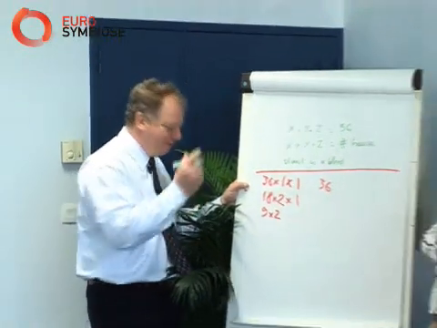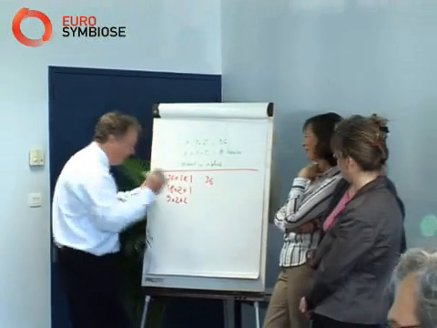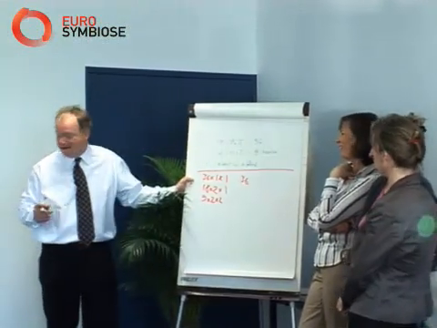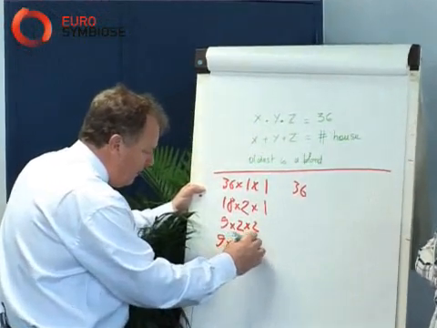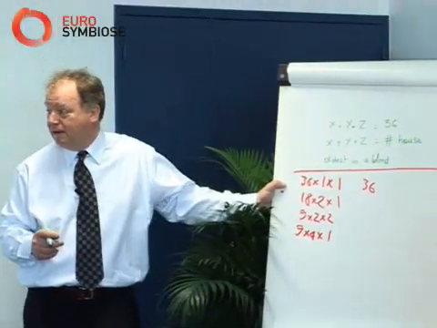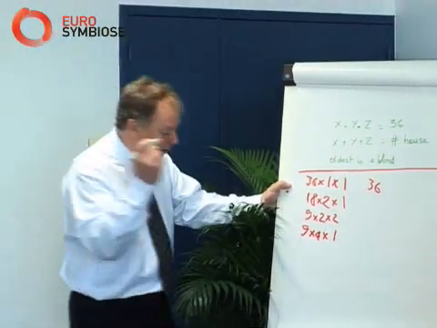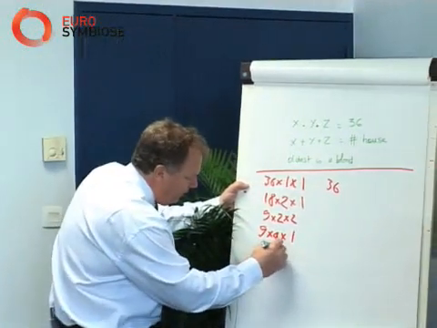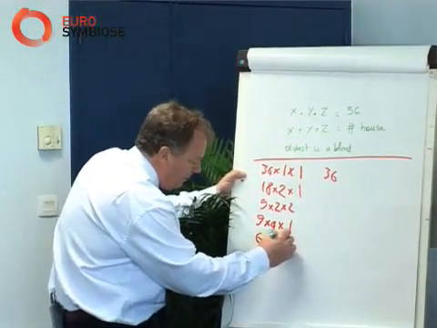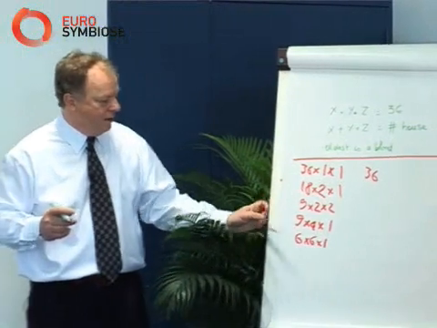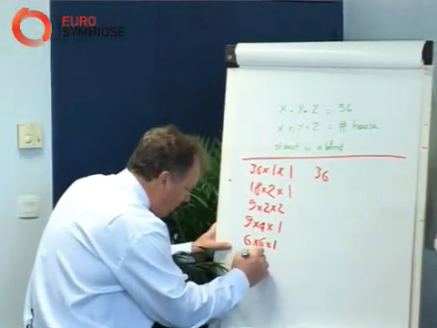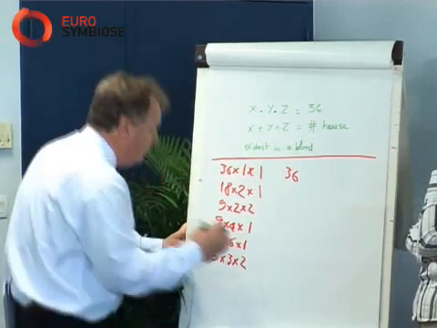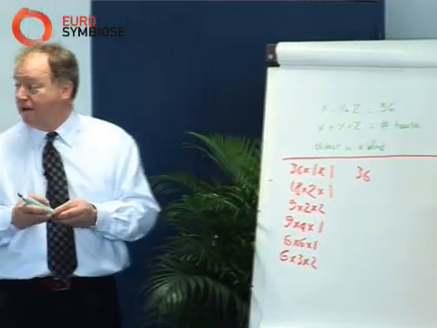Not really, 2 by 2. 9 by 4 by 1. Okay. And 6. Oui, 6 by 6 by 1. Okay. Any more? 6 by 3 by 2. Any more?